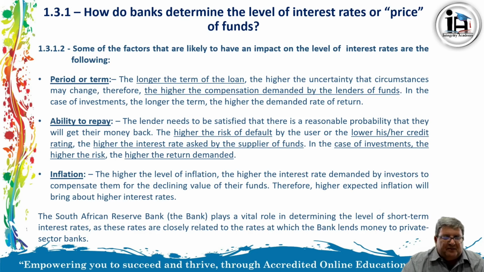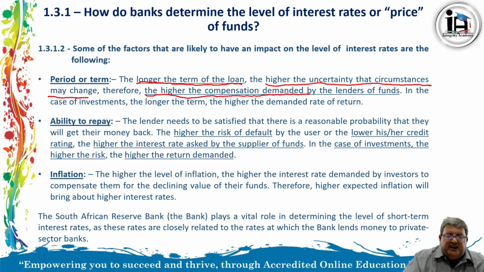Period of time. The longer the term of the loan, as we said before, can you complete my sentence? The longer the term of the loan, the higher the uncertainty that circumstances may change. Therefore, the higher the compensation demanded by the lenders of the funds.